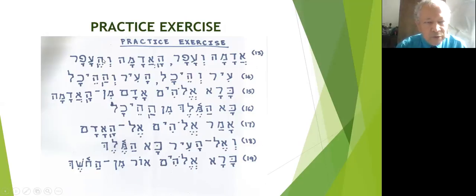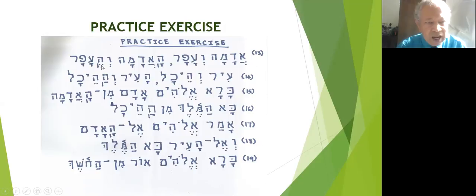Now, in the case of this definite article, it doesn't have the kamets as we might expect. This is another guttural letter, which is at the beginning of this noun. And there is a grammatical rule that says that when the definite article comes before a noun that starts with ayin, then the vowel that is under the he of the definite article should be segol.